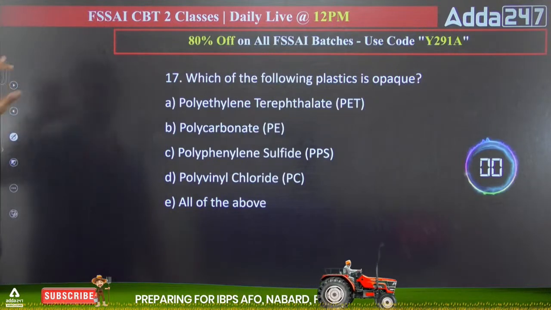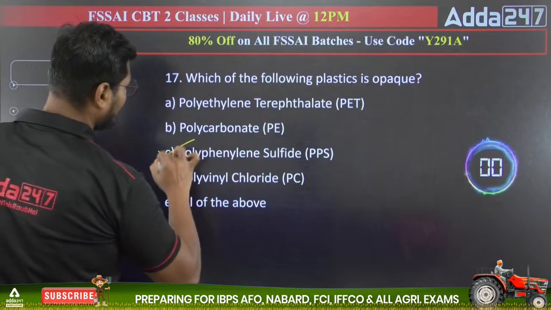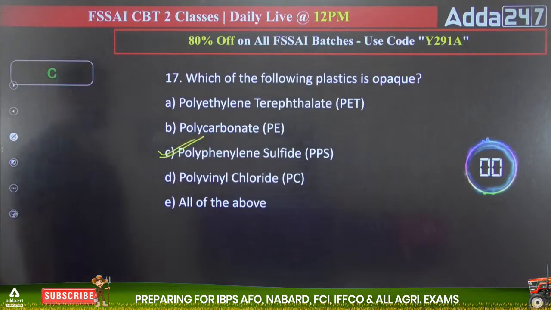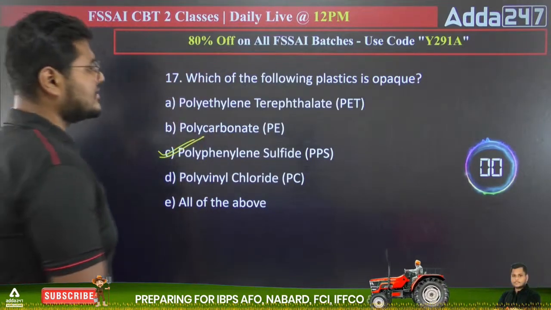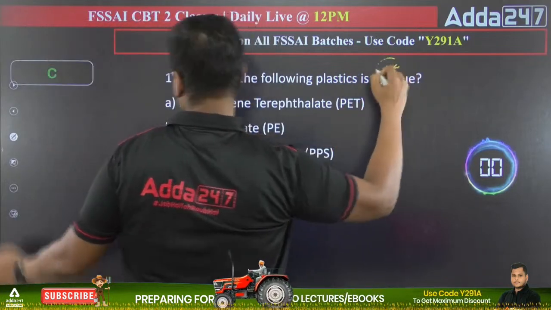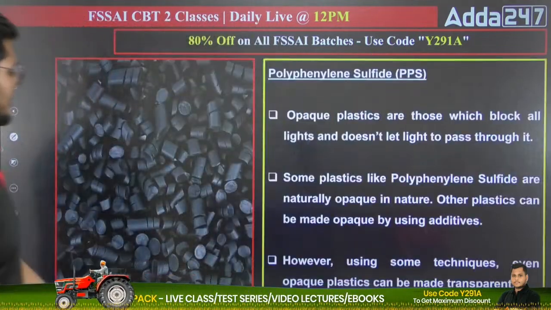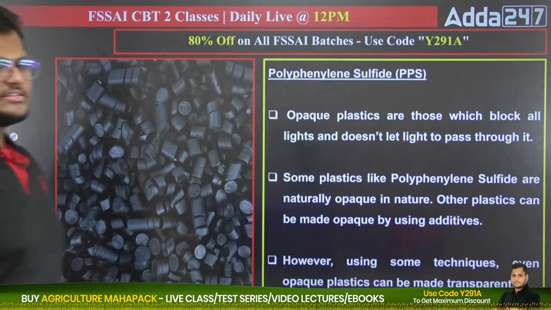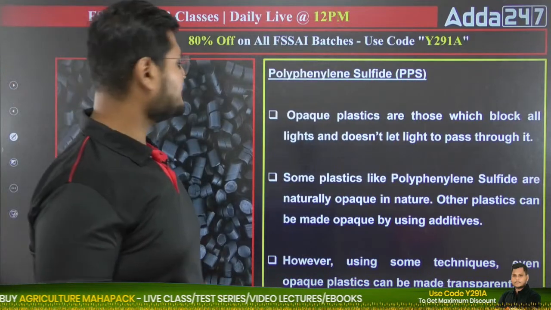So the right answer here is C, that is polyphenylene sulfide. Okay, which of the following plastics is opaque. That means these are not transparent. Okay, so polyphenylene sulfide PPS, this is the opaque plastic, those which block the light.